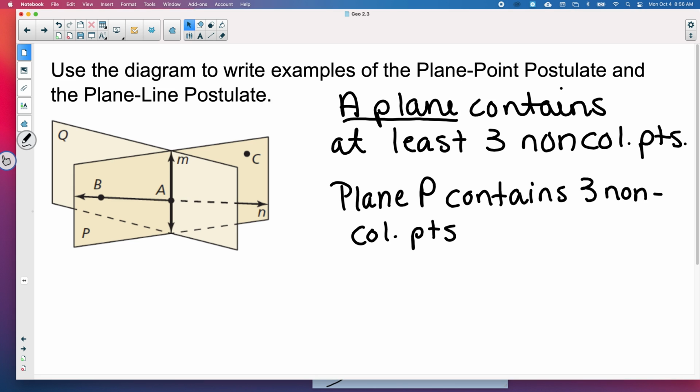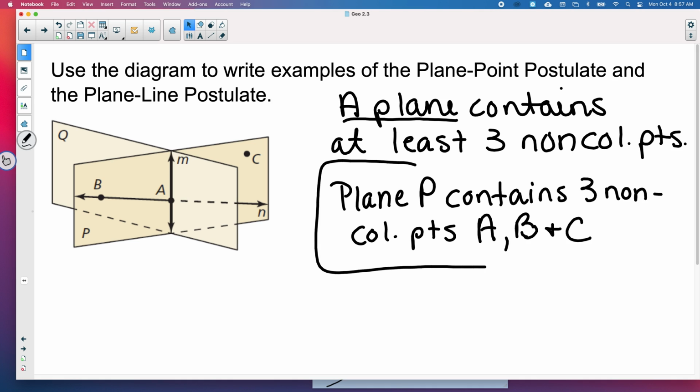A, B, and C. So instead of leaving it general, you have to name 3 specific non-collinear points. That is, write an example that fits that picture.